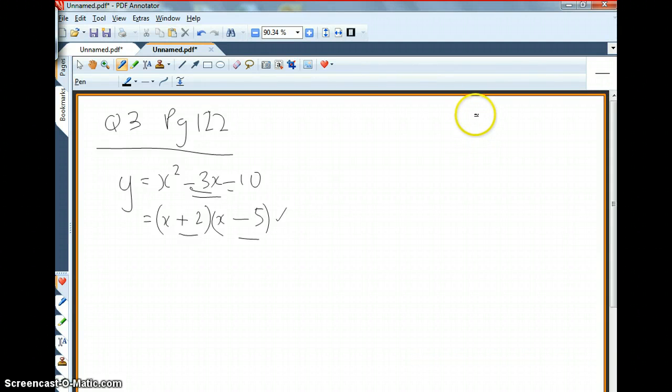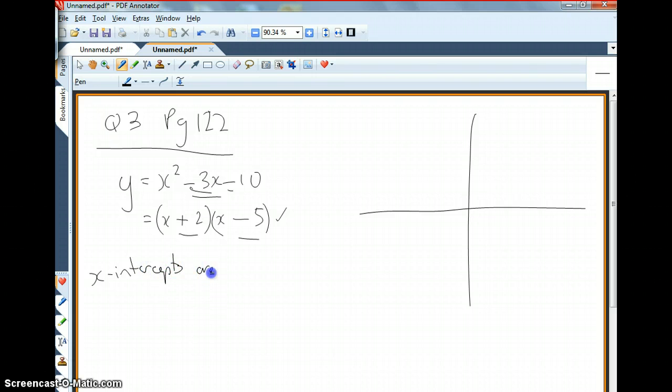Okay, so then from here on in it's the same pattern. The x-intercepts. Minus 2 and what? And positive 5. Because, remember, we made this equation 0. So minus 2 goes there.